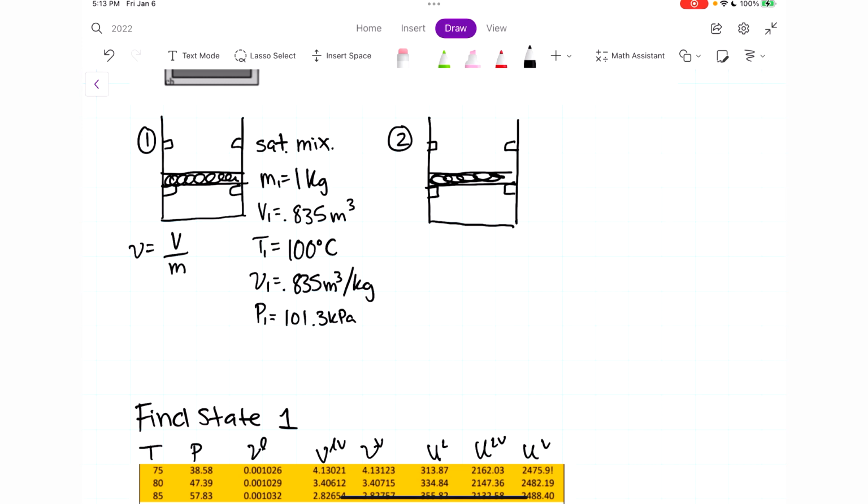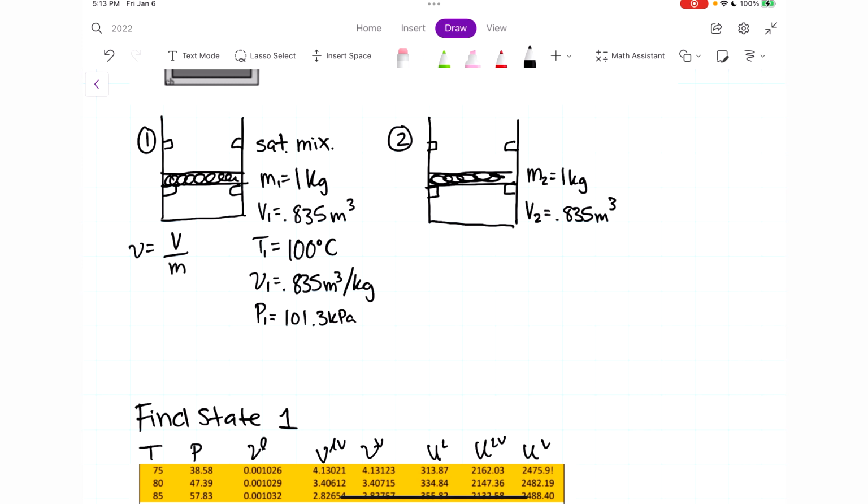It's still on the first set of stops, but it's the millisecond before it starts moving. So we know that the mass is still 1 kilogram, right? Because it's a closed system. The volume is still 0.835 meters cubed, right? Because it's still on the first set of stops.